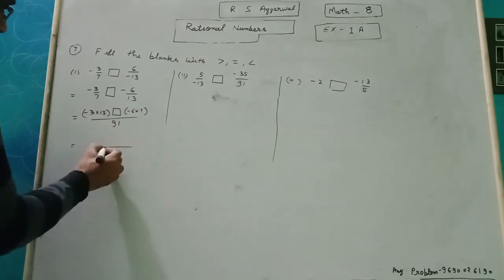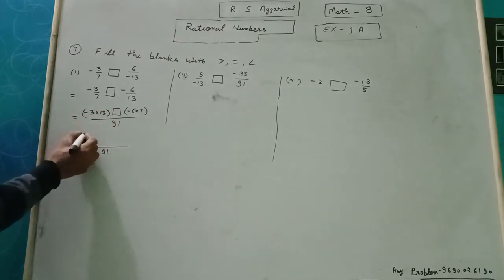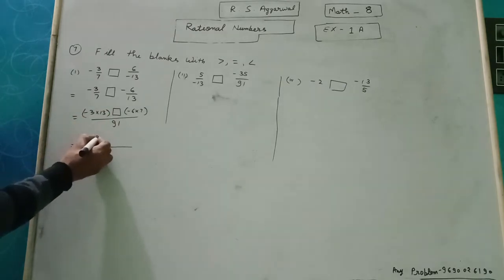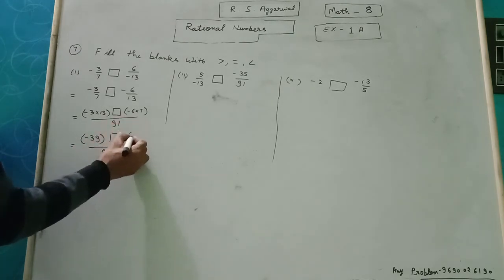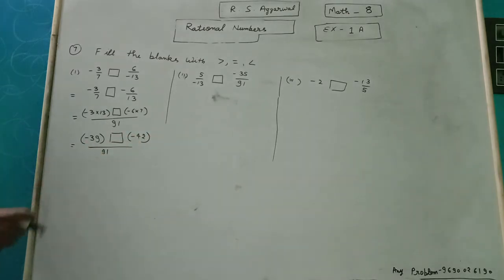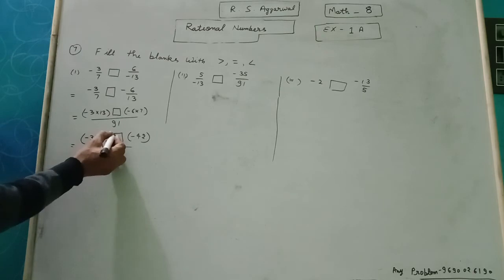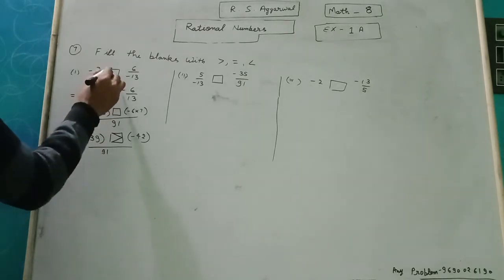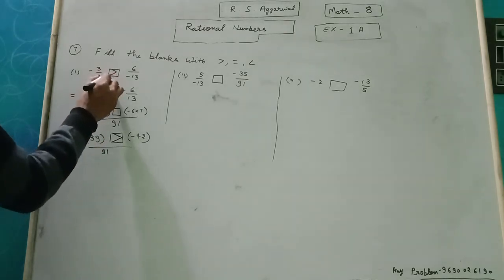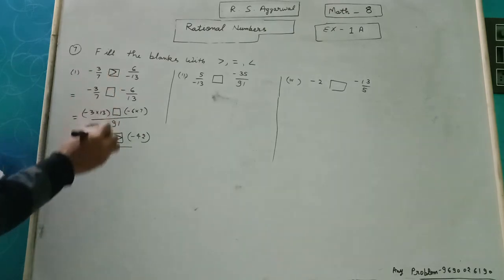After multiply, 13 3s are 39, 7 6s are 42. Who is greater? 39 is greater. So you write the box is greater than. So symbol will be greater than in first part.